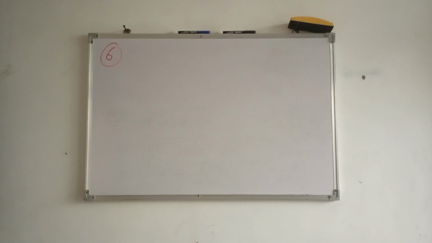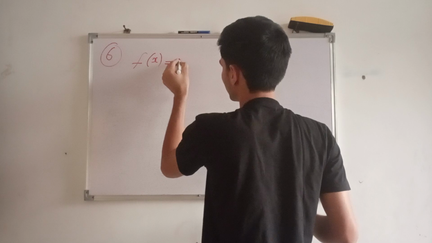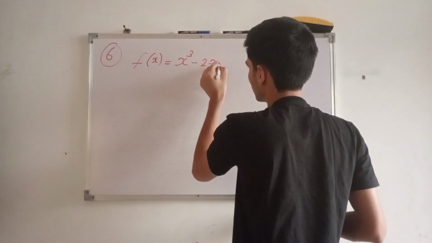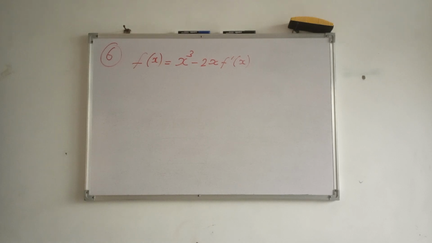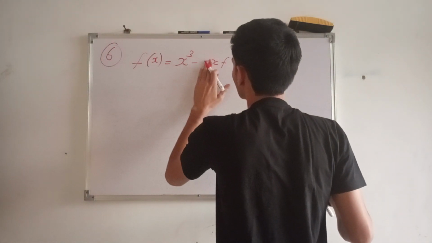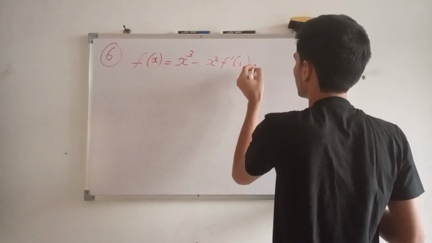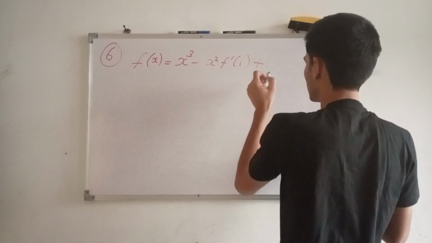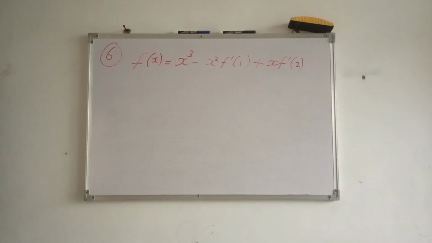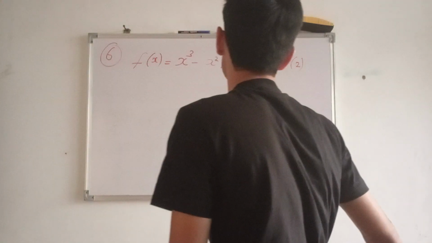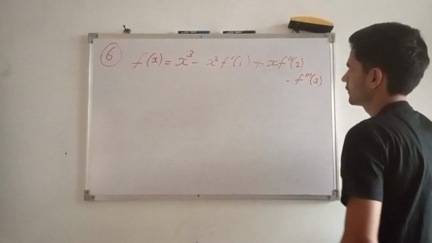Okay, f(x) is given as x cube minus 2x f'(1) minus x square f'(1) plus x f'(2) plus x f''(2) minus f'''(3) plus f''(2) minus f'''(3).